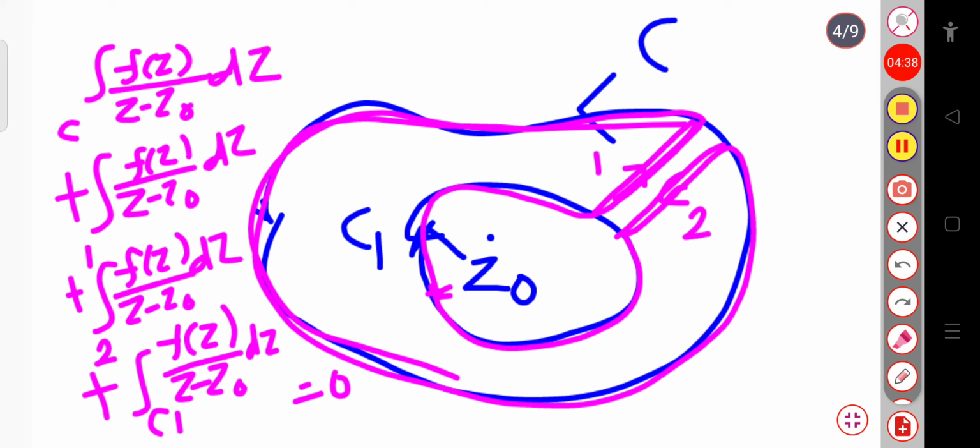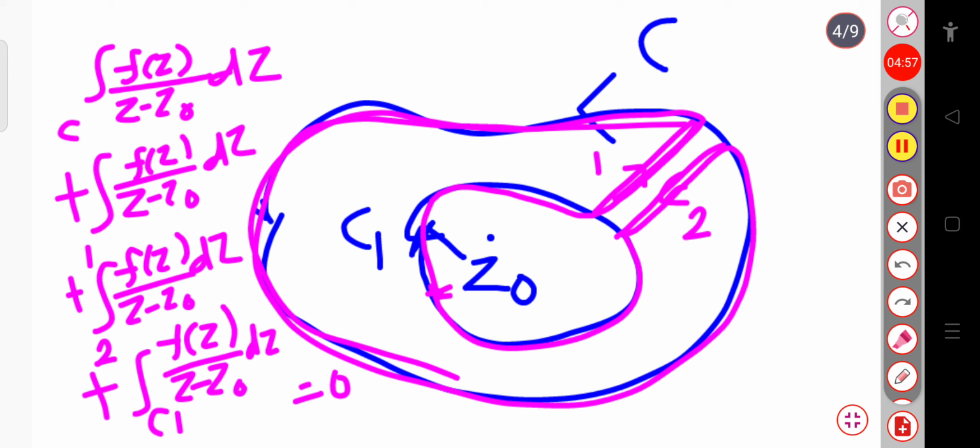Cauchy's integral theorem states that if the function is analytic on the contour and inside that contour, then the integration value will be 0. So, if I add all this, it goes to 0, because I have converted this multiply connected region to the simply connected region.